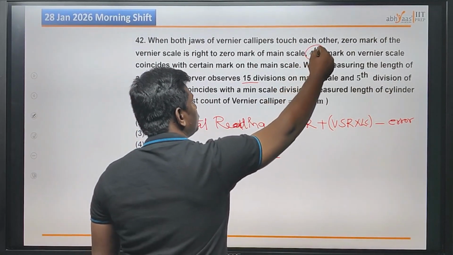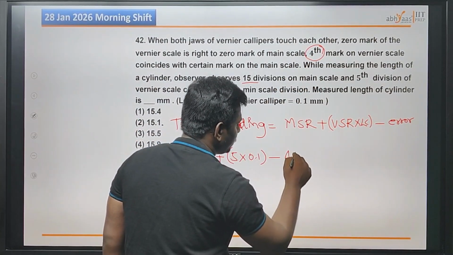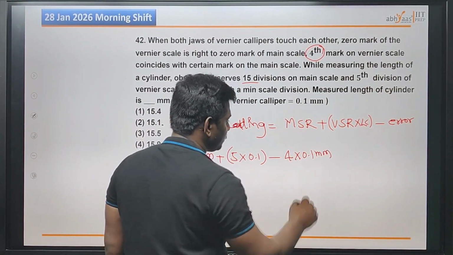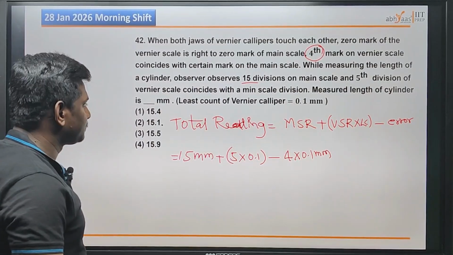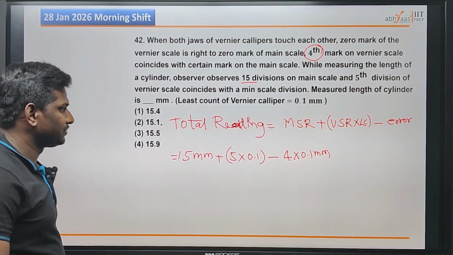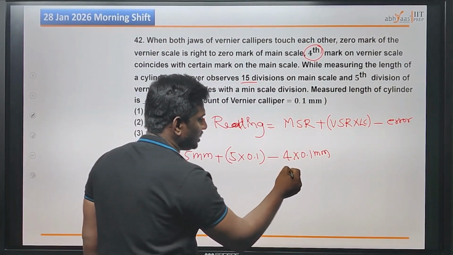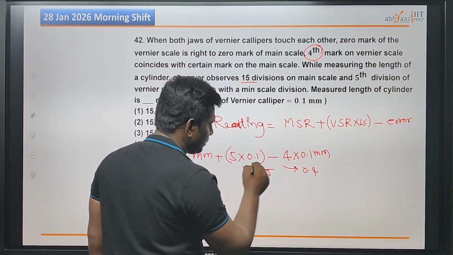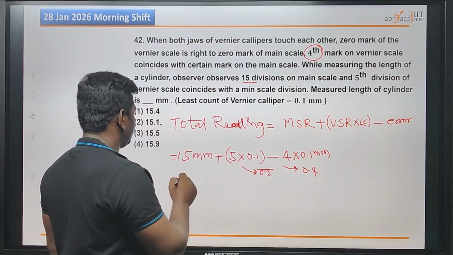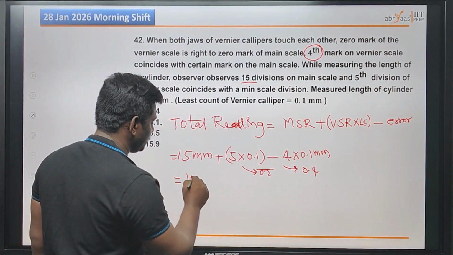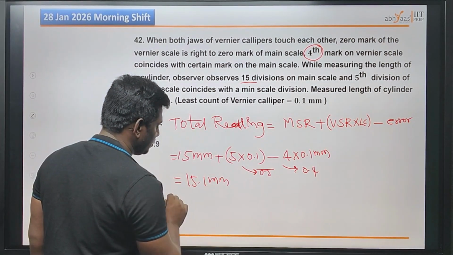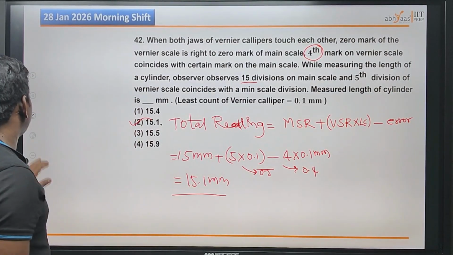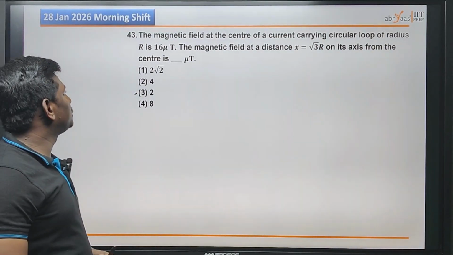They have given a 4th mark, so 4 into 0.1 millimeter. Here you will get 0.4, here you will get 0.5. If you subtract, you will get 15.1 millimeter. This is your final answer. Option number 2.